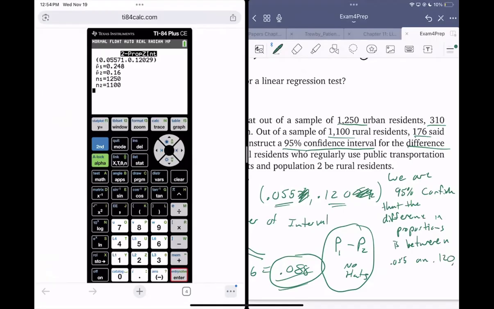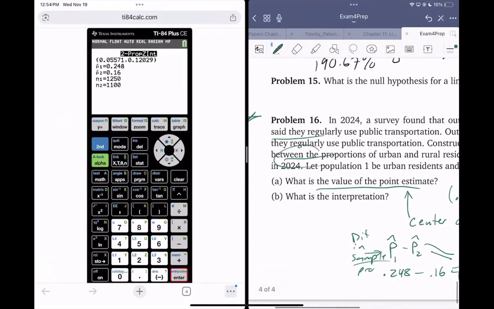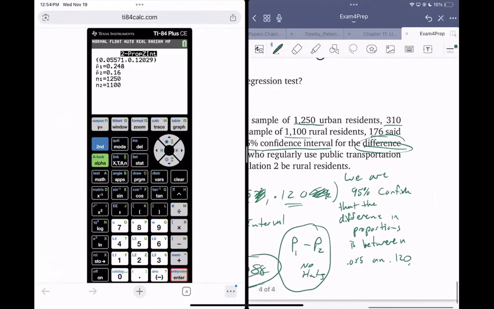Okay, just say that for an interpretation. We're 95% confident that the difference in proportions, because we're trying to estimate a difference in proportions, right? So the thing we're looking for, we're 95% confident it's in this specified interval. Like just say it in words.